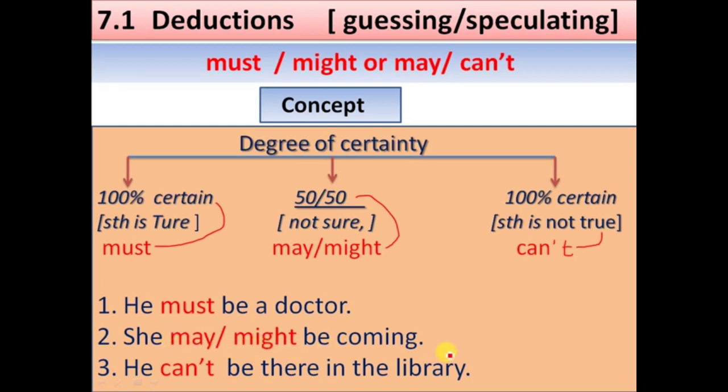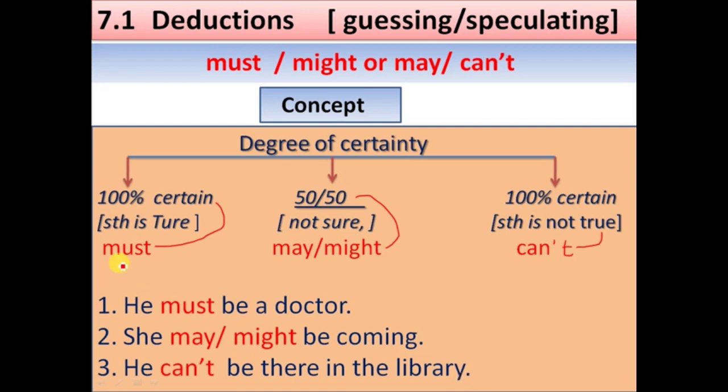It means perhaps she will come, you think so, therefore may or might. Similarly, he can't be there in the library. It means you are 100% sure that he is not there in the library, and to express it, you can use the modal verb can't.